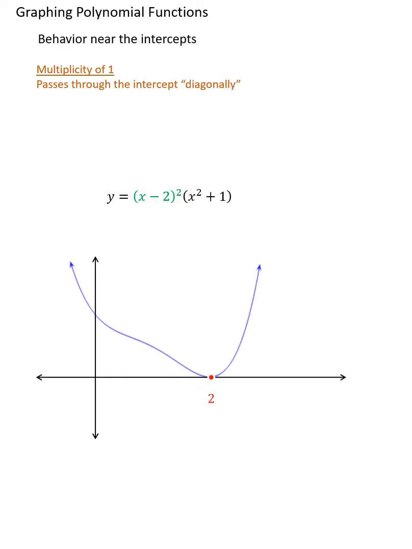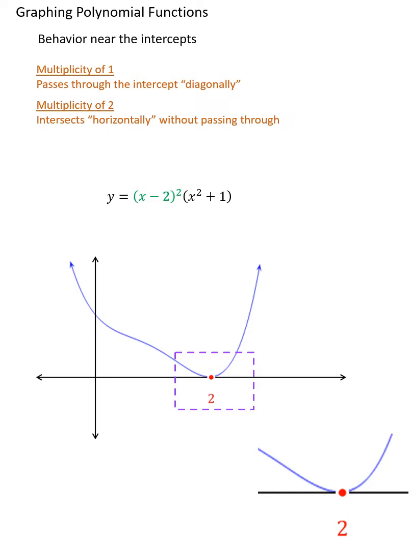You'll recall that the graph looked like this, and if we were to take a closer look at that intercept, we would see that it doesn't actually cross the axis, but rather it passes through the intercept horizontally without crossing. And that's true in general whenever we have a multiplicity of 2. You can expect your graph to pass through horizontally but not cross.